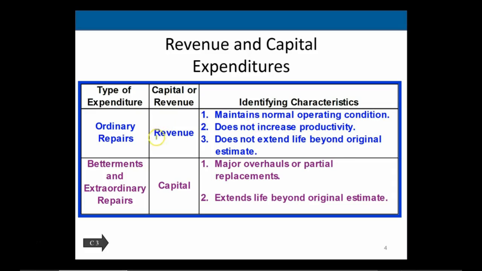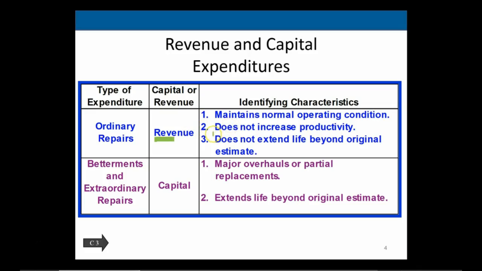So if it was ordinary repairs, the idea being if it doesn't extend the useful life or put the asset into some other form of function than it was originally purchased for, if it's just to maintain the normal function, then it would generally be a revenue expenditure, an expense when we incur it, meaning we would expense an oil change, we expense normal maintenance, we expense normal wear and tear on a building in order to bring it back to its original state, rather than if we were to put a new roof on the building, then maybe we would want to capitalize that.